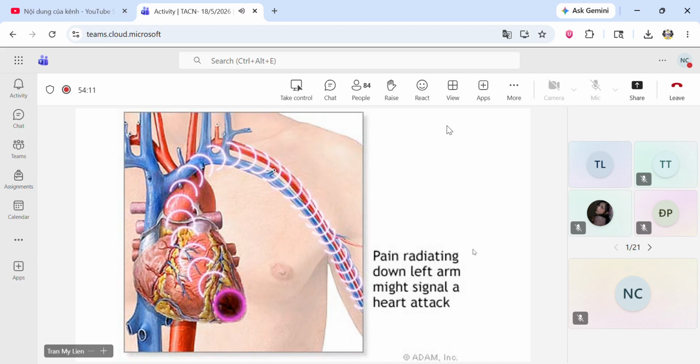The pain moving or radiating down the left arm may signal a heart attack or MI, myocardial infarction.